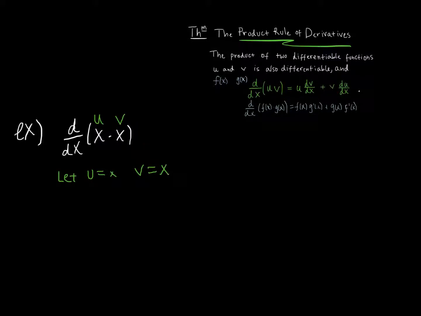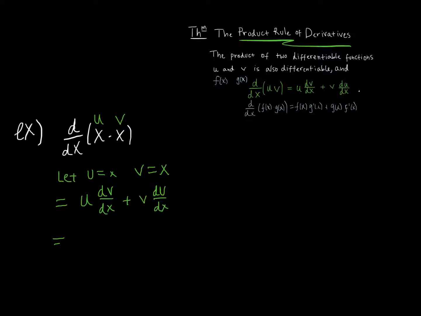And I'm writing this out, I'm doing a lot more work than you might want to in general, just to make sure you see how we're applying it. And so if we do that, then the derivative is equal to u times dv dx plus v times du dx.